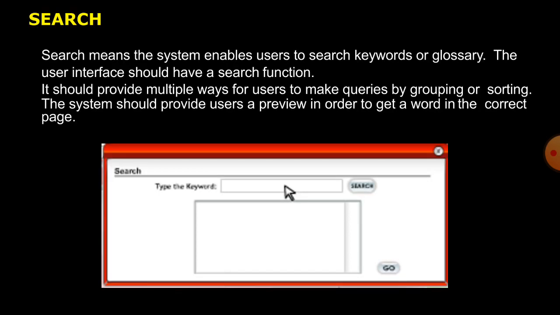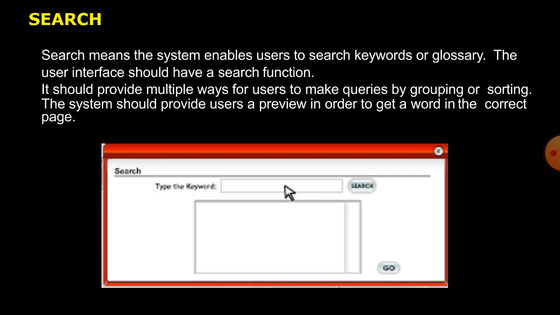Next is the search. Searching a particular word. Searching means the system enables users to search keywords or glossary. The user interface should have a search function. It should provide multiple ways for users to make queries by grouping or sorting. Grouping is nothing but making all the items into one group. Sorting is nothing but arranging the elements in ascending order or descending order.